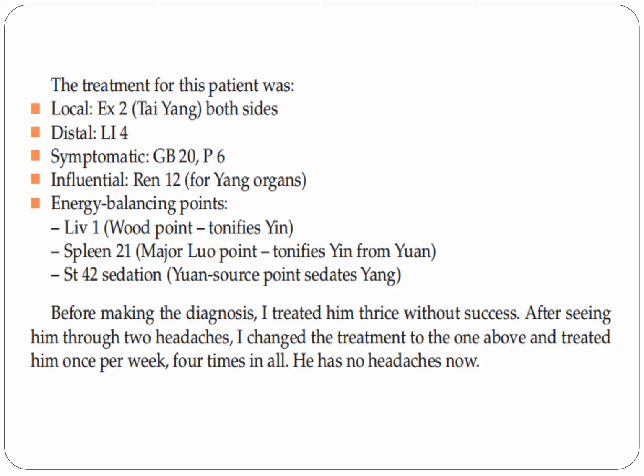And energy balancing points were also used, which are liver 1, the wood point, which tonifies yin. Spleen 21, which is the major luo point of the spleen, which tonifies yin from the yuan source point. And stomach 42, for sedation. This is the yuan source point that sedates the yang.